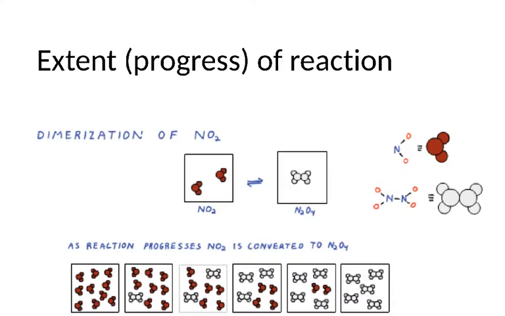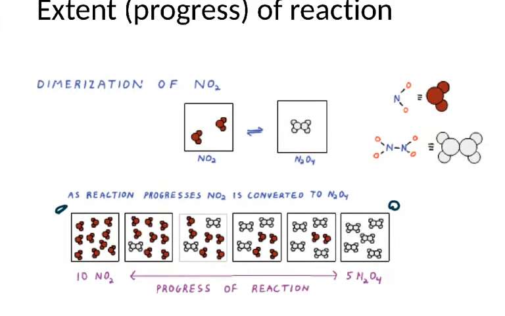Chapter 14 is on equilibrium. So far in this course, we've been focusing on reactants and products, but not really talked about what happens if a reaction only goes part way.